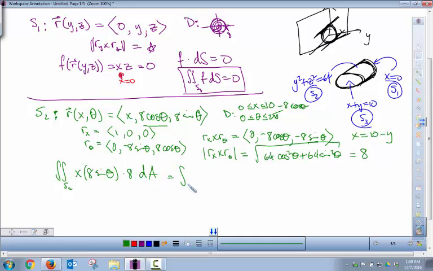This is going to equal, with theta integrating last, 0 to 10 minus 8 cosine theta, integrating 64 times x times sine theta dx first, and then d theta.